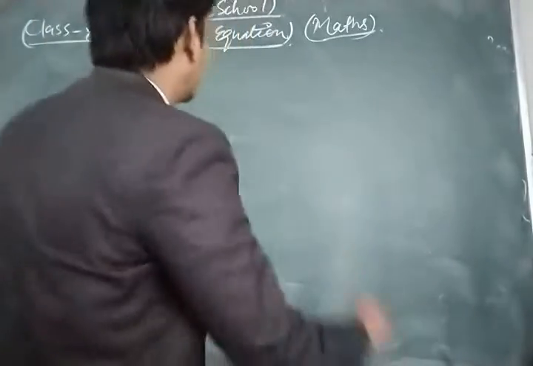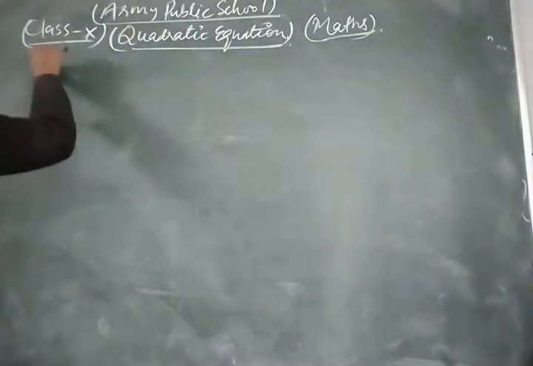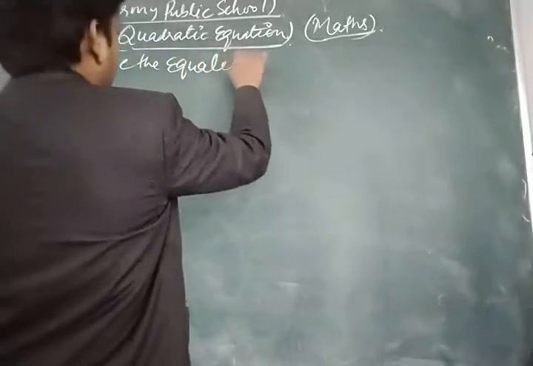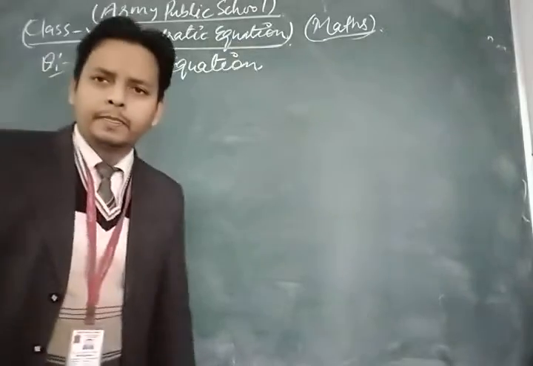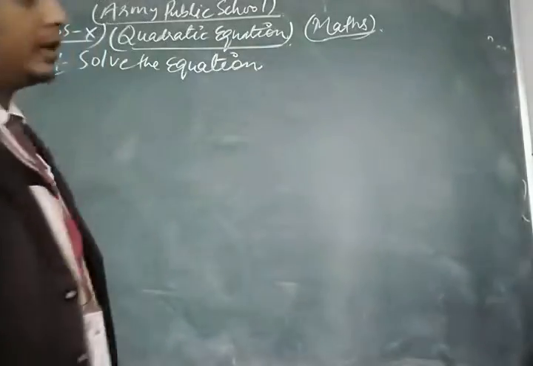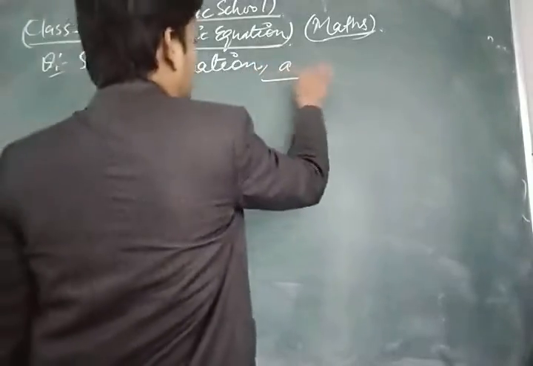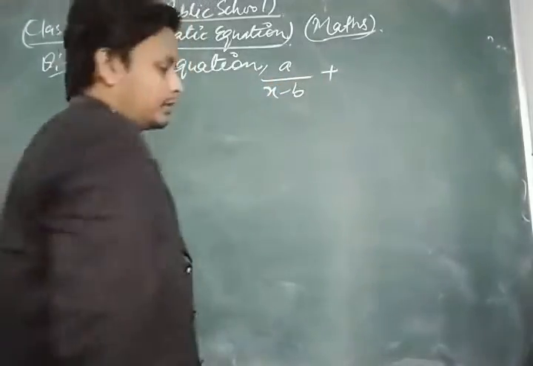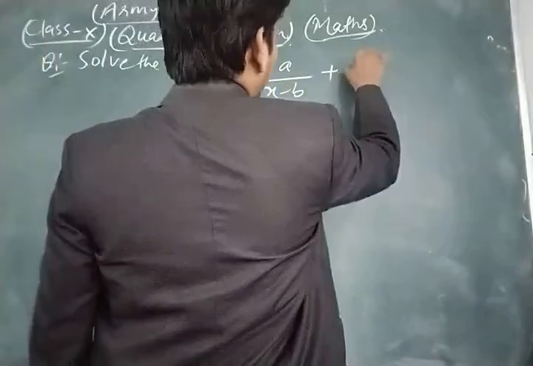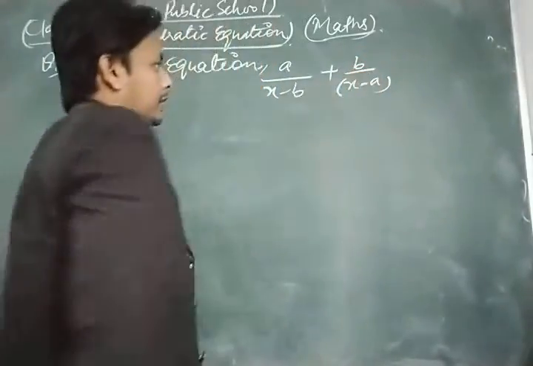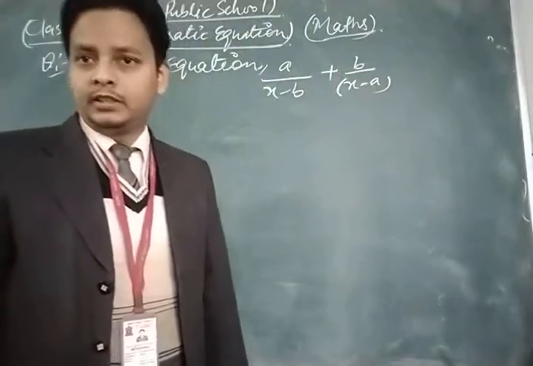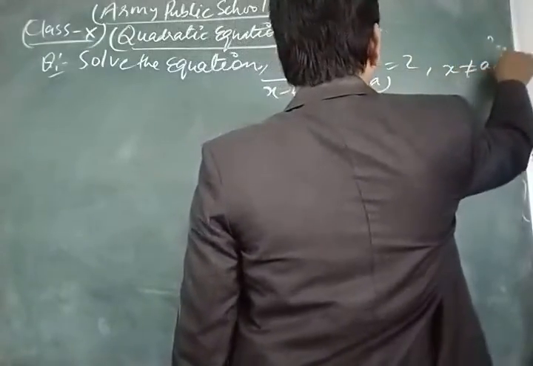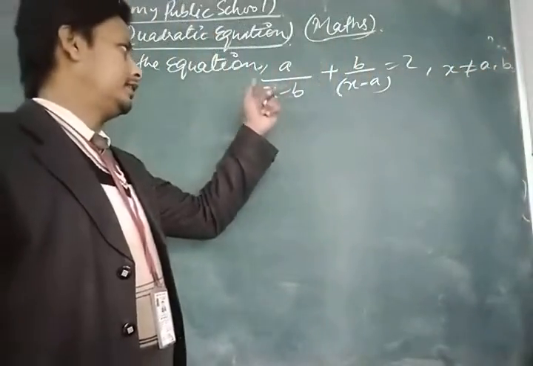Solve the equation: a upon x minus b plus b upon x minus a is equal to 2, and it is given that x is not equal to a and b, because if x is equal to a or b, then the terms are not defined.